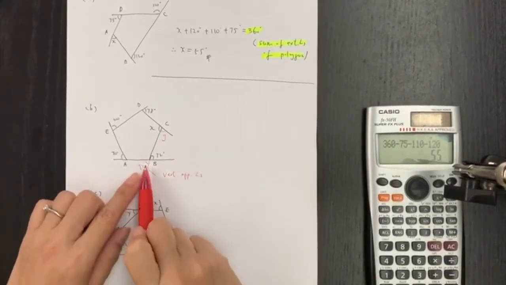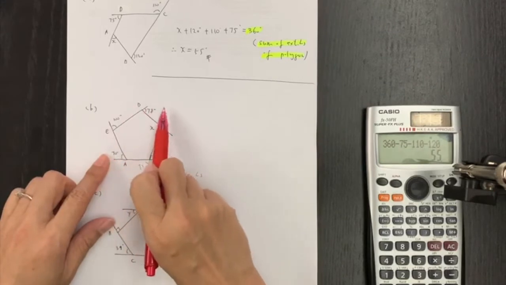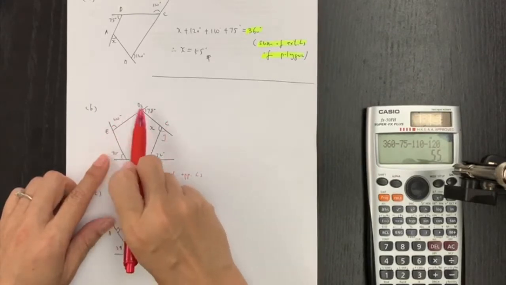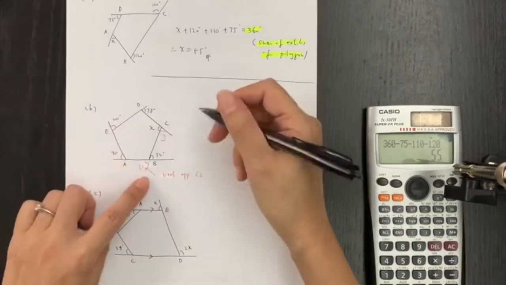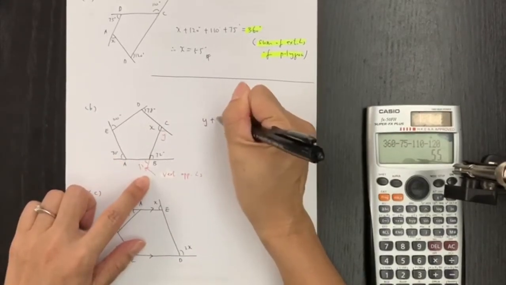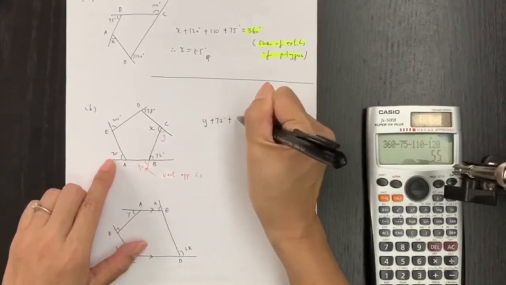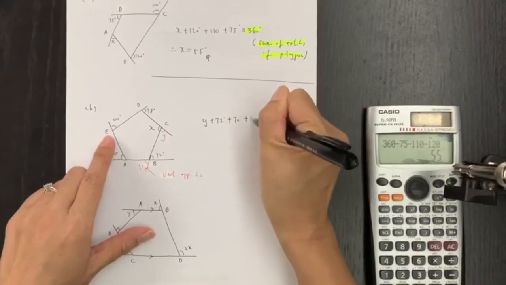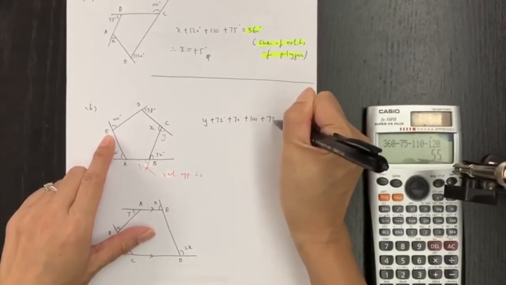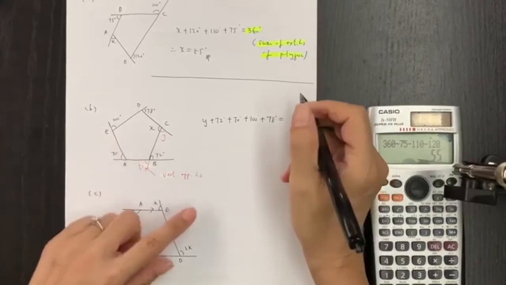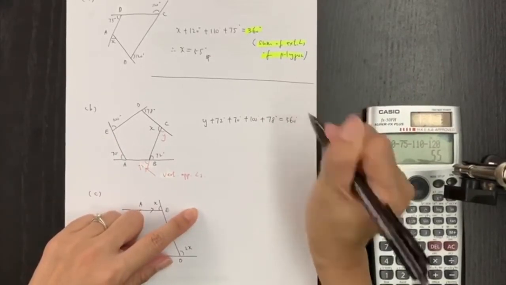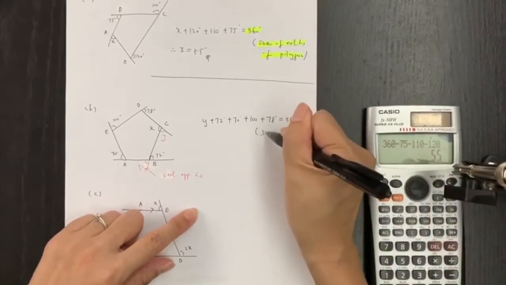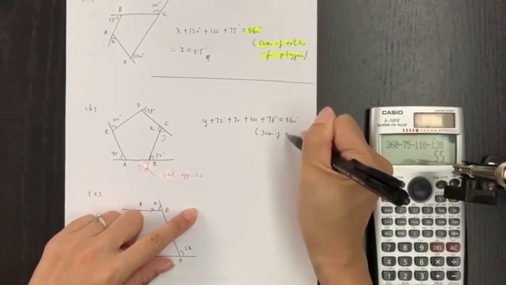All right, so this is 72 and 70, so we must follow the same direction. So I need to find Y first, so Y plus 72 plus 70 plus 100 plus 78, which is exterior, so the sum of exterior angles is 360.